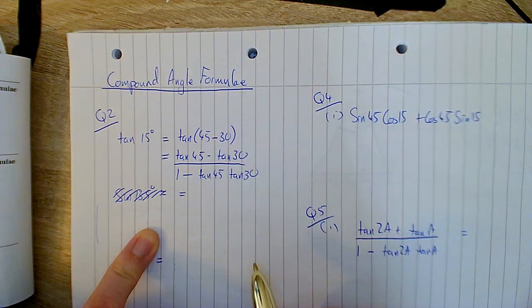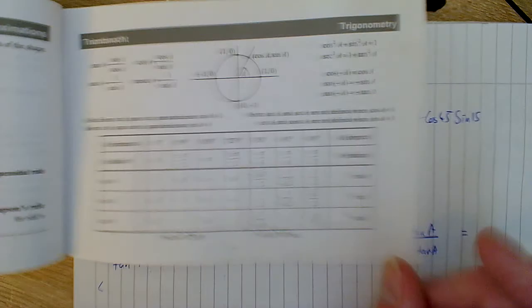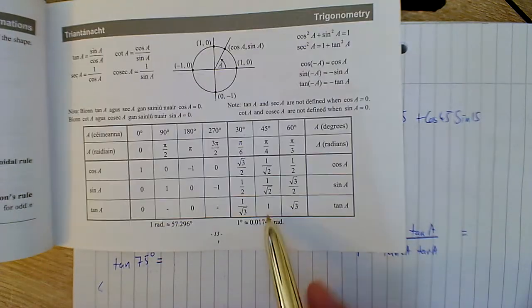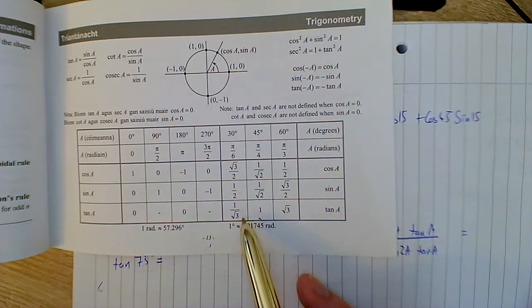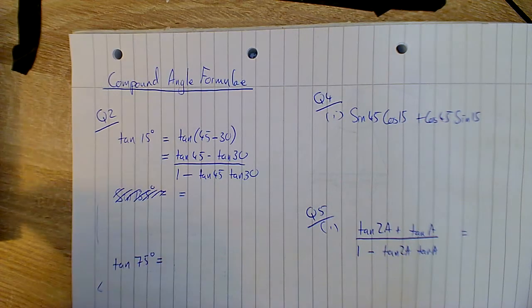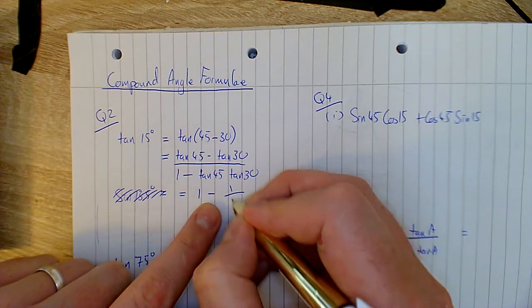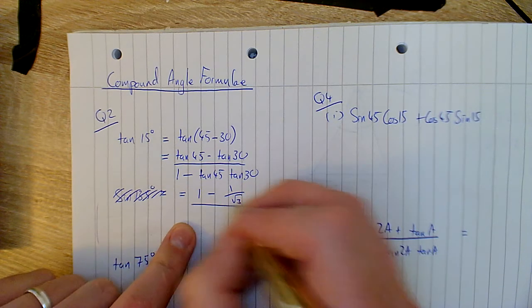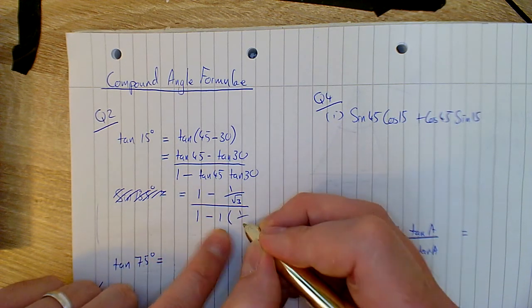Okay, well, what do we get out of that? Tan 45, if you go back to page 13, tan 45 is 1. Okay, tan of 30 is 1 over root 3. So we get 1 minus 1 over root 3 divided by 1 minus 1 times 1 over root 3.